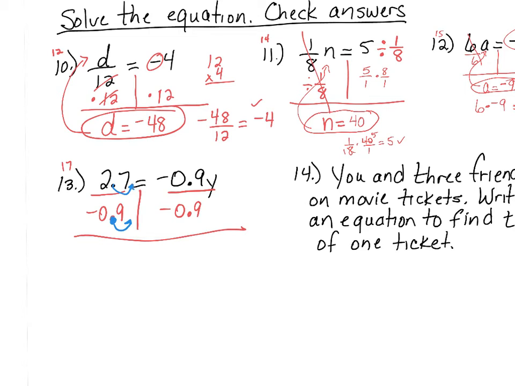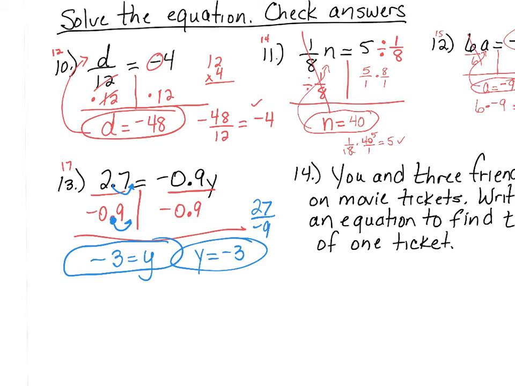So it's really just going to be 27 divided by -9. So we get -3 equals y. Is that the same as writing y equals -3? Yep, sure is. So we check it, we put it back in there. We take -0.9 times -3.